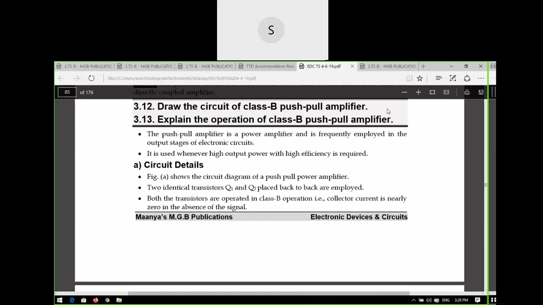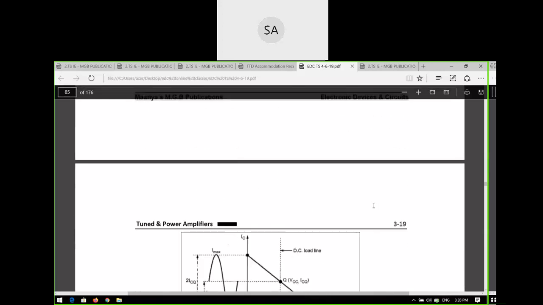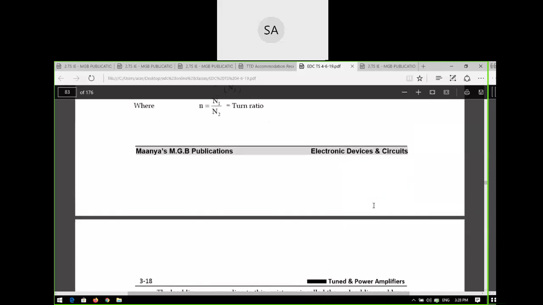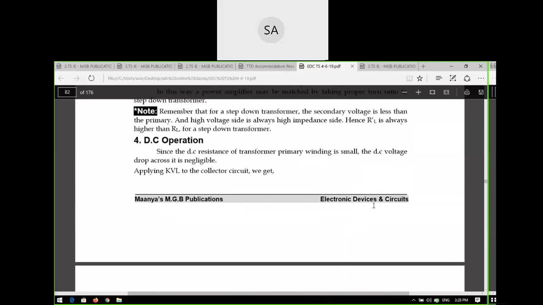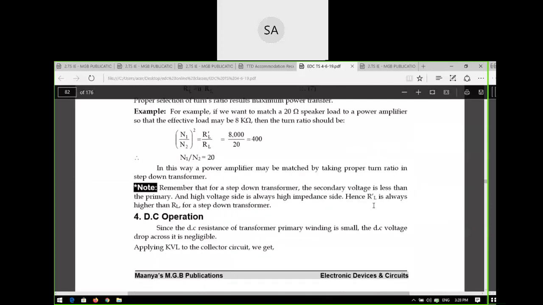Right. So I will start the class. We have completed the derivation for the expression for the efficiency of the power amplifier, the transformer coupled class A power amplifier.